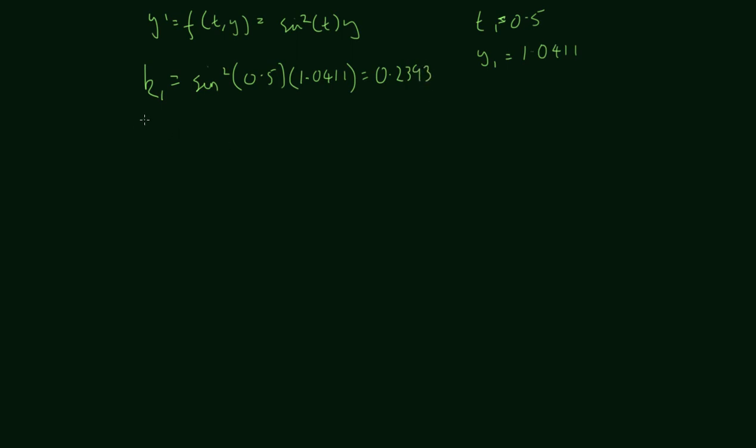That gives us 0.2393. For k2, this is where we add a half times h to t, so 0.5 plus 1/2 times h, where we're using h as 0.5, and that's multiplied by y1, which was 1.0411, plus 1/2 times h times k1, which is 0.2393.